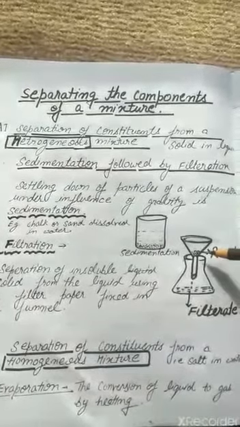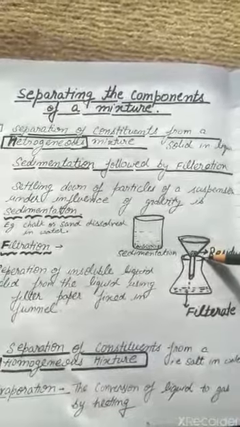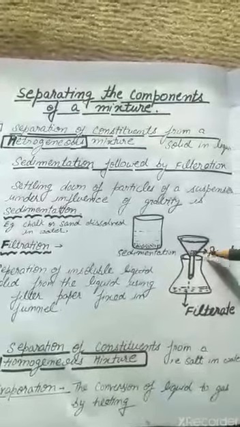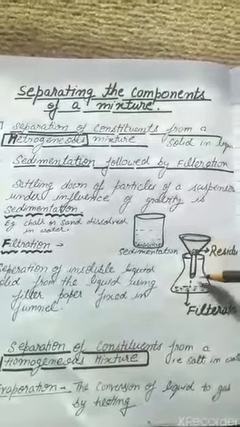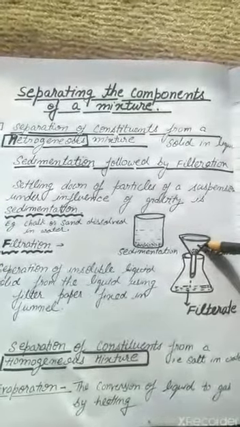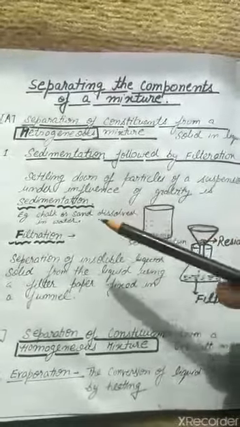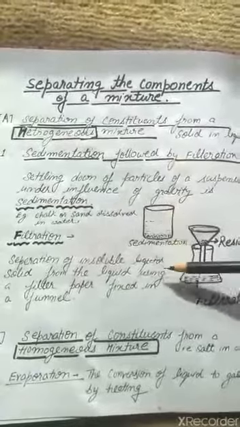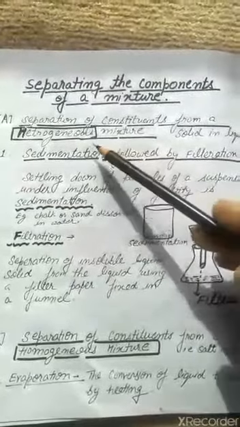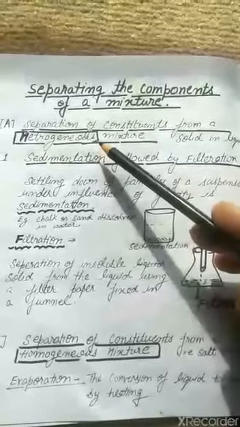As you already see in your home, as we filter the tea, we use a sieve to filter it. Similarly here, to separate, we use a filter paper. This type of process is known as filtration. So these are the two methods which are commonly used especially for heterogeneous mixtures where particles are not uniformly distributed.